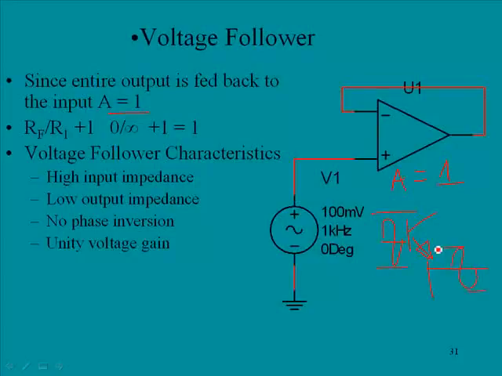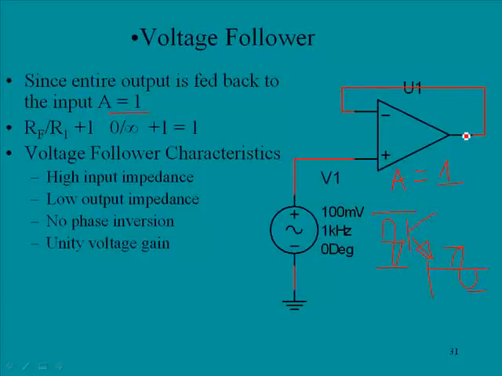The value was that it stepped output impedance, or excuse me, stepped it way down, and so that's what this is doing. In fact, when you get into the formalized calculations, these have output impedance that are just tiny fractions of an ohm.